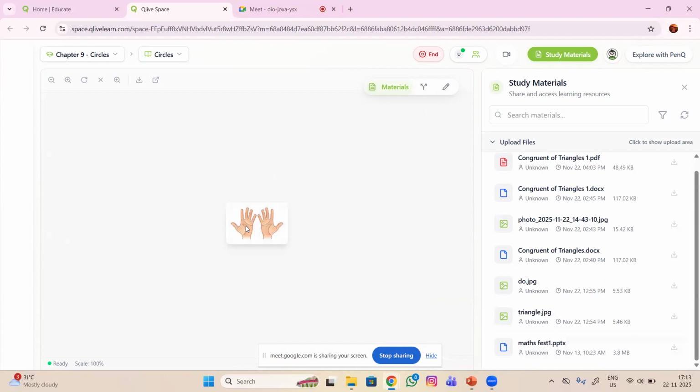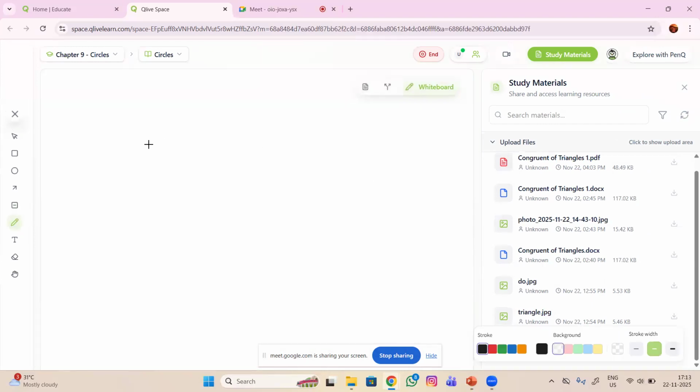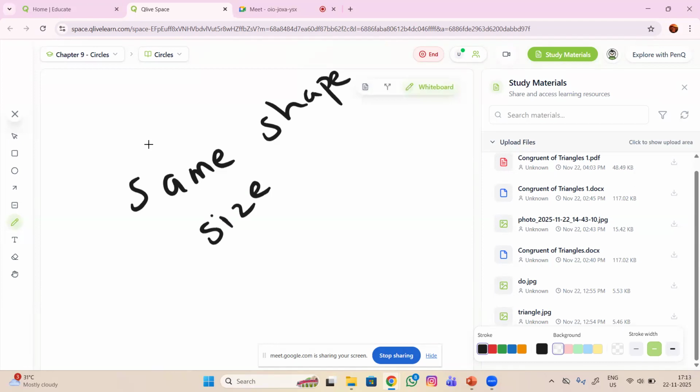When these two palms are in the same shape, same size, we can say that our two palms are equal.